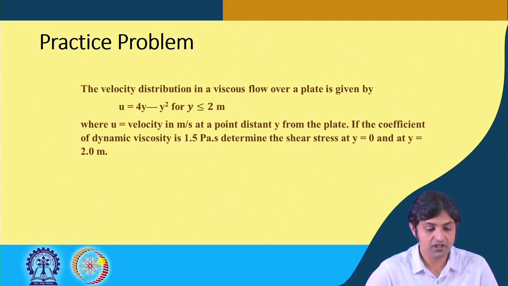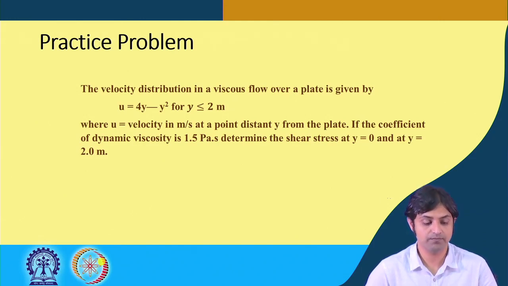So the question says the velocity distribution in a viscous flow over a plate is given by u is equal to 4y minus y square for y less than 2 meters. Here u is velocity in meters per second at a point distance y from the plate. If the coefficient of dynamic viscosity is 1.5 Pascal second, determine the shear stress at y is equal to 0 and at y is equal to 2 meters.